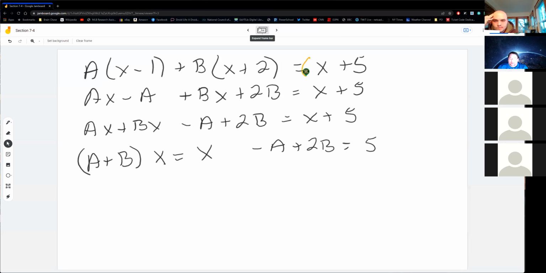I'm trying to figure out an a and a b that's going to make that happen. Gotcha. So in essence, what we're about to do is a system of equations. a plus b has to equal 1 because that's the coefficient in front of my x. And negative a plus 2b has to equal 5 because that's the number that's by itself.